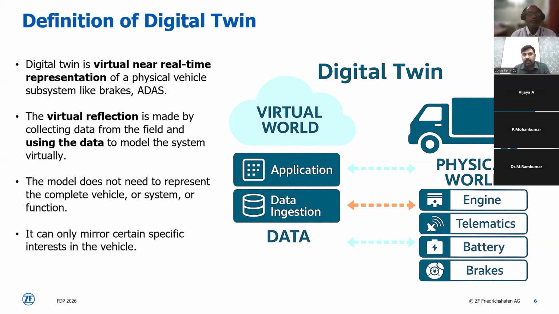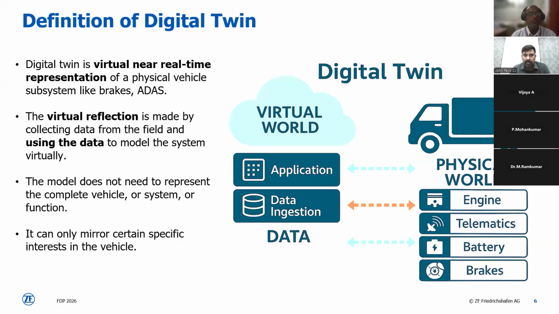Normally we believe that a digital twin is a real-time reflection of something in the physical world. In my definition, it's near real time, where the actual reflection of the virtual world does not need to be related to time in the physical world.